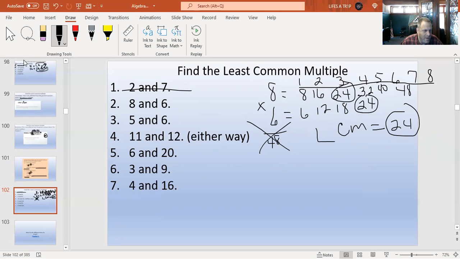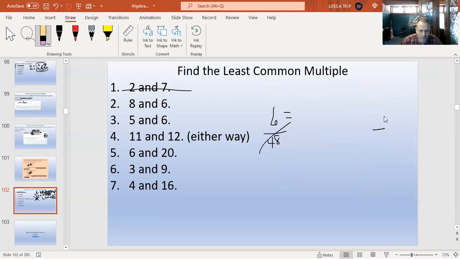All right, so let's do number 3, 5 and 6. I'm not going to draw the number line, but 5 times 1 is 5, and you can do them by 5s. You know this, guys.